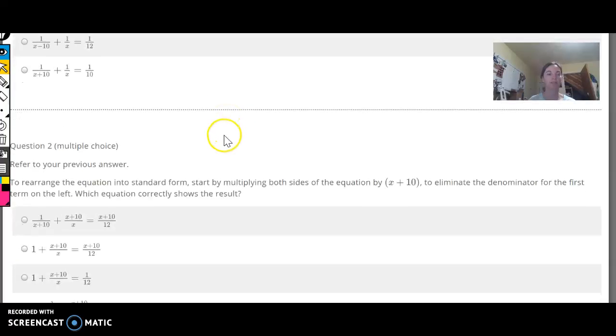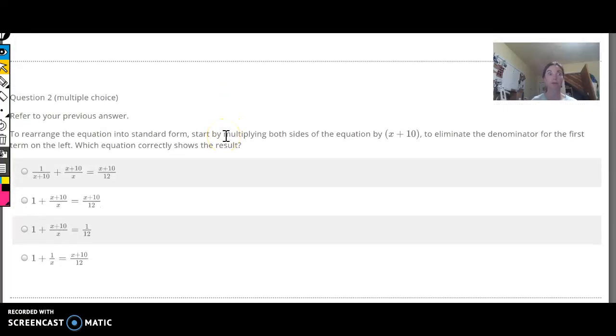Okay, question number 2. Refer to our previous answer, and now we need to rearrange the equation into standard form. Start by multiplying both sides of the equation by x plus 10 to eliminate the denominator for the first term on the left, and then which equation correctly shows that result.